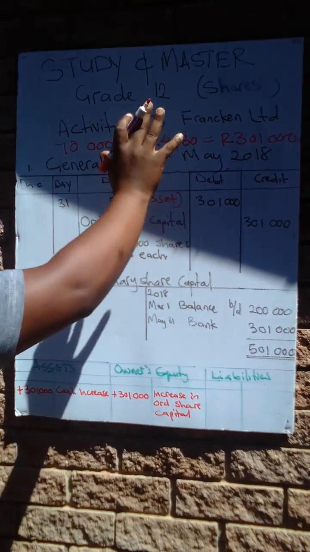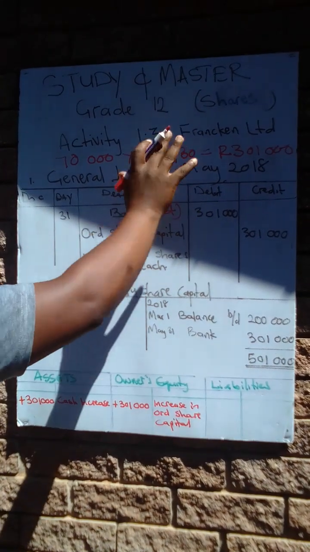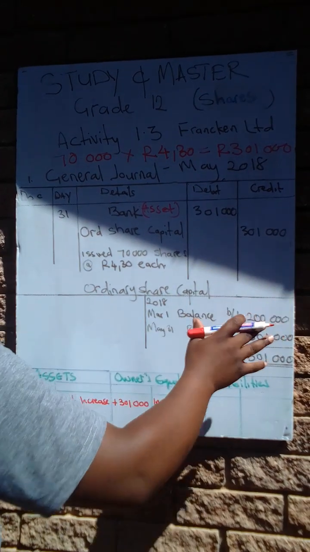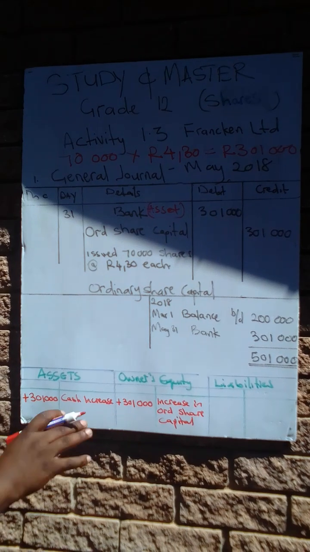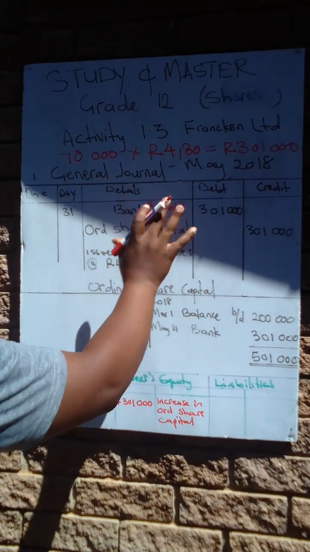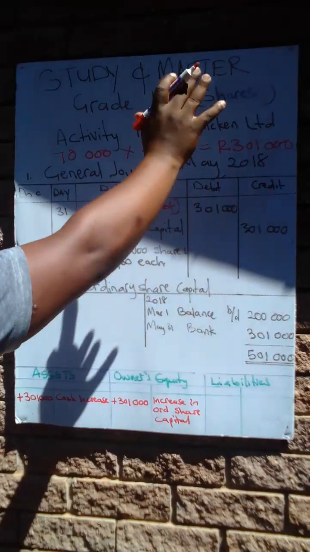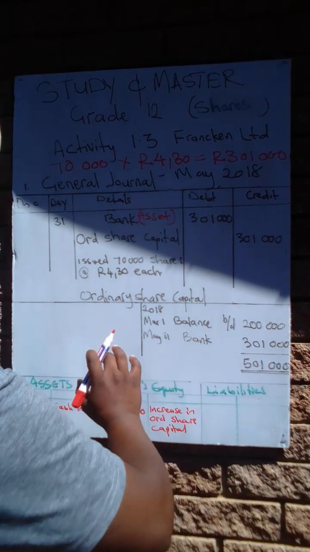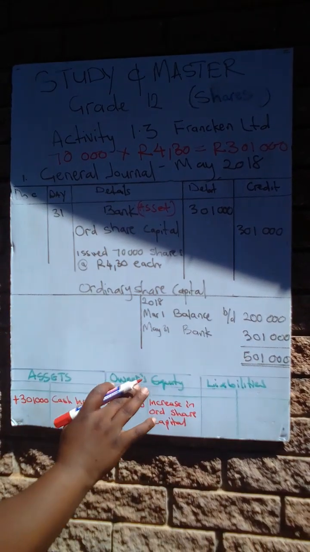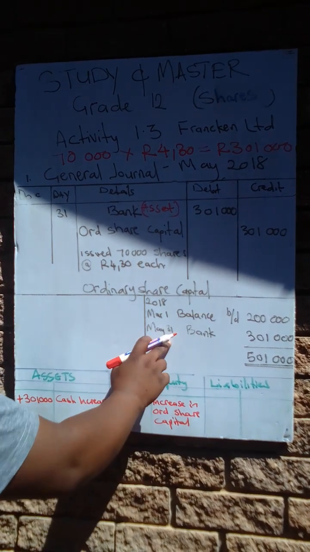What you do in the general journal and what you do in the ordinary share capital account is similar. You are using the same principle of double entry. Remember, ordinary share capital is an owner's equity account and it increases on the credit side. An additional amount of capital was introduced on the 31st of May.